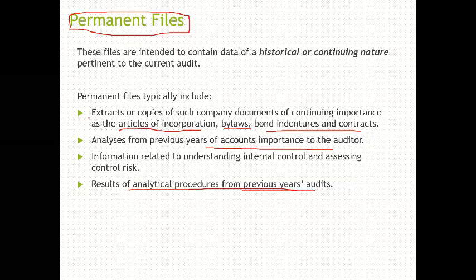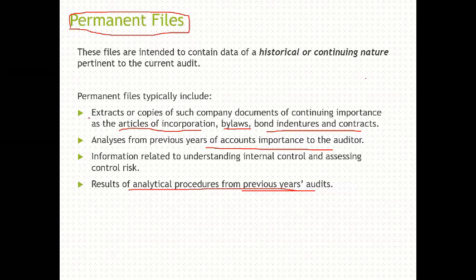But if I would like to compare with the previous year's results, then I have to get it from the permanent file. So the permanent file is the historical file, including information that has been collected and that is important to keep with me in the future.